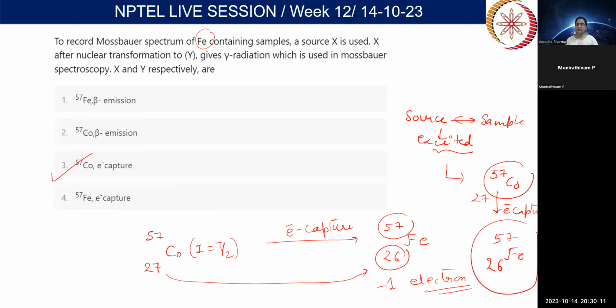And when it goes from 5/2 to 3/2, that releases energy, and the emission happens as gamma radiation. It is taken up by the sample, and therefore we can have the absorption of the gamma radiation. So it is actually the 57 cobalt and the electron capture. So is this clear? For these kinds of questions, do not forget the earlier concepts.